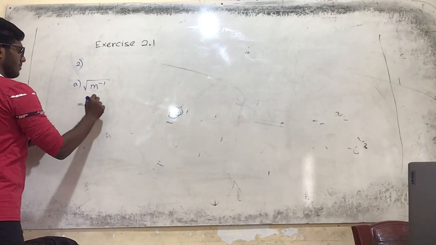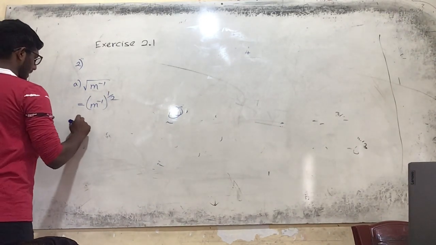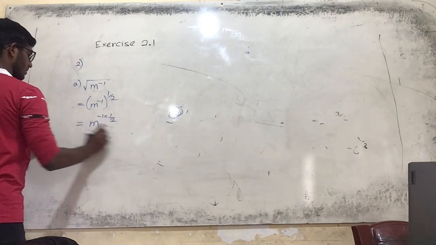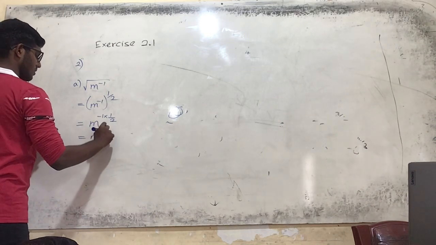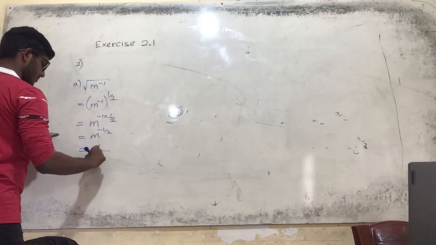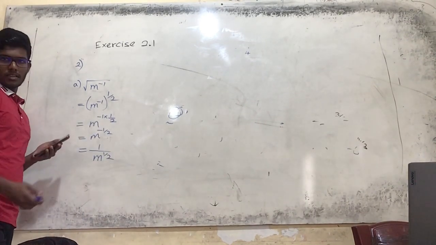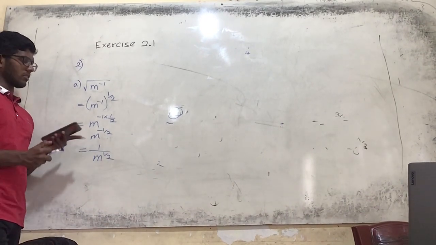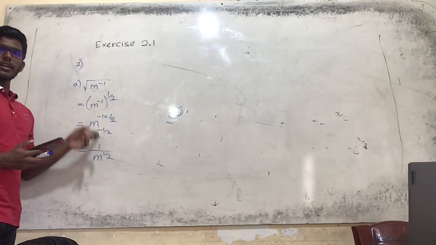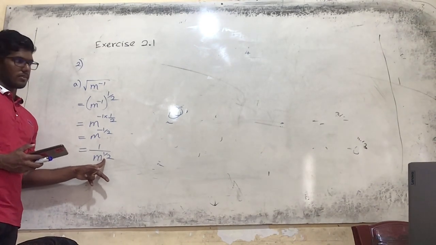First step, I have taken A. Then next step, negative powers we just need to take below. If it is on the top, you can take it to the bottom. In any case, if it is at the bottom, you can take it to the top. Here, minus half power, I took to the bottom.